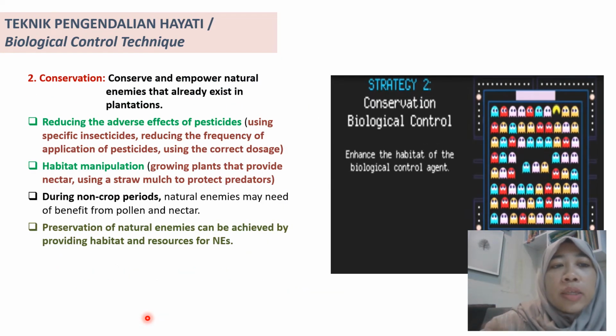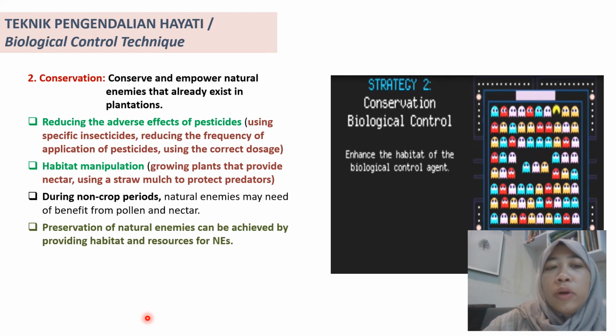The second one is conservative, or conservation. So we conserve natural enemies that already exist in the plantation. We can enhance the population of natural enemies in the plantation by reducing the adverse effect of pesticide.